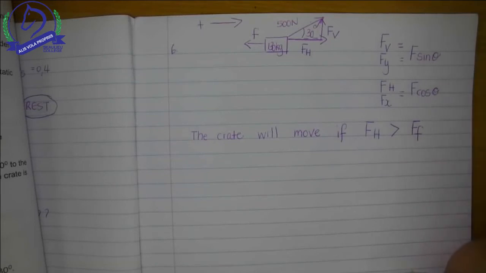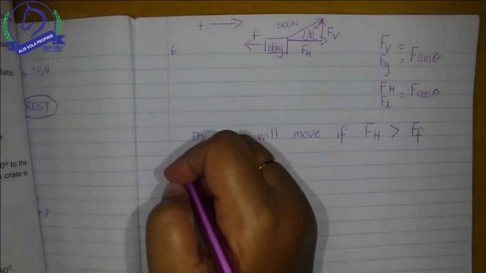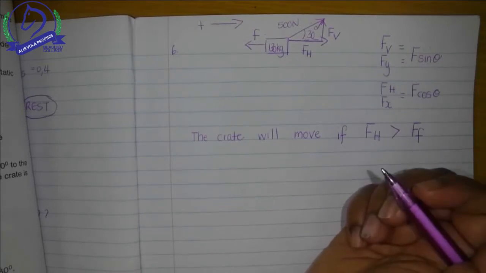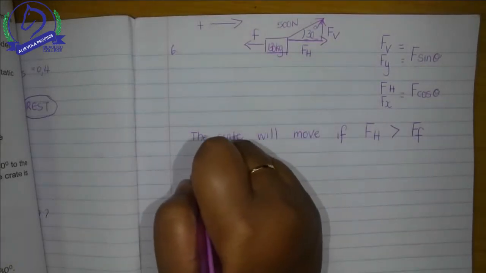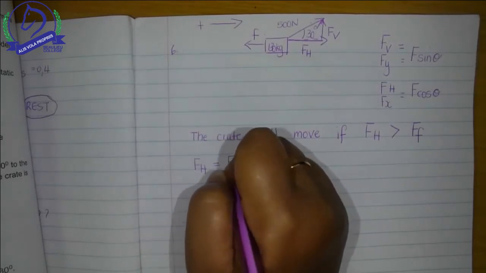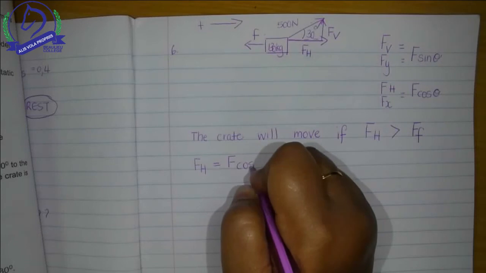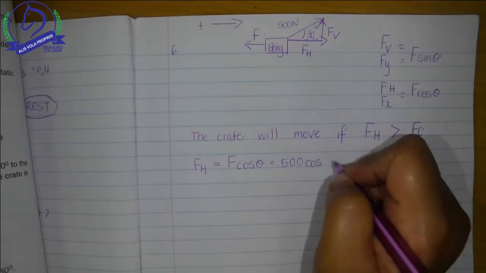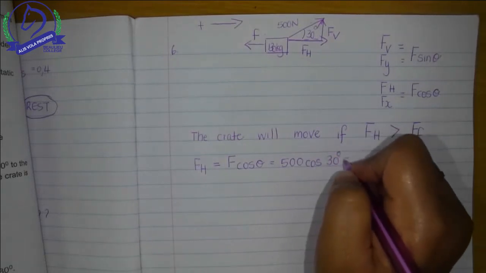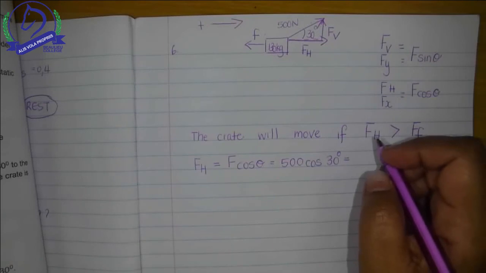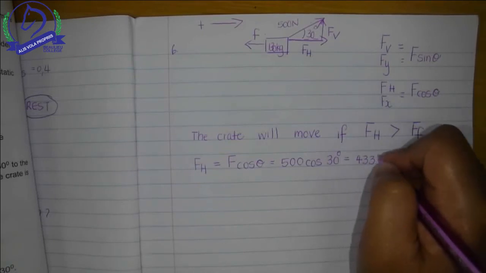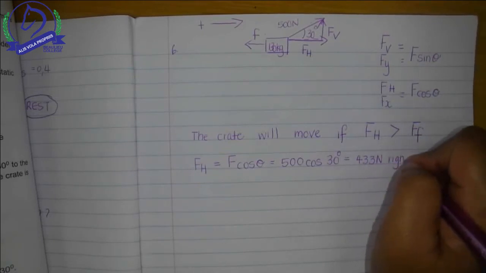Okay, so let's start by working out what our horizontal component is and what our frictional force is going to be. For our horizontal component, we can calculate that to be F cos theta, which would be 500 cos 30 degrees, and that gives me 433 newtons to the right.